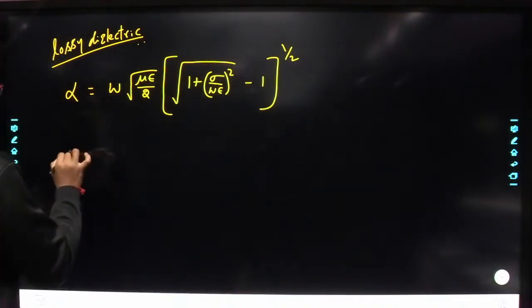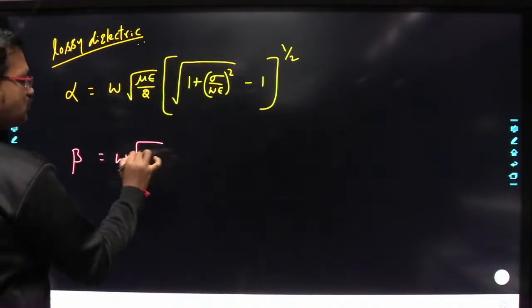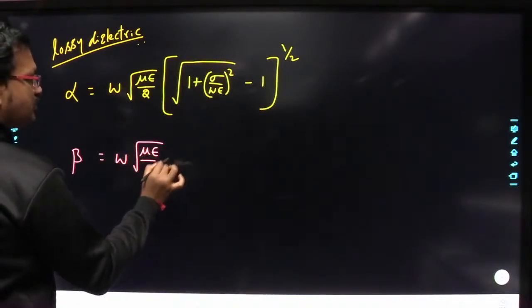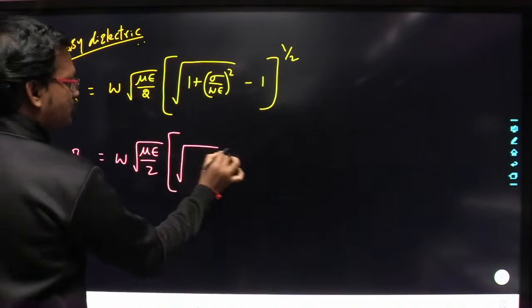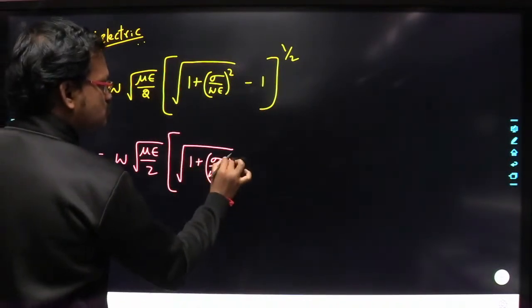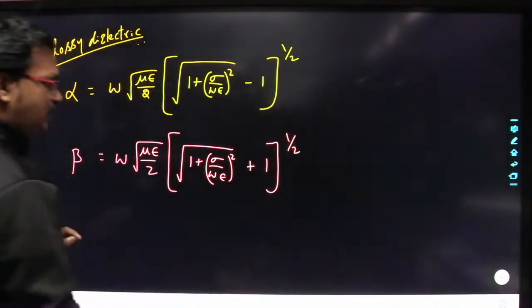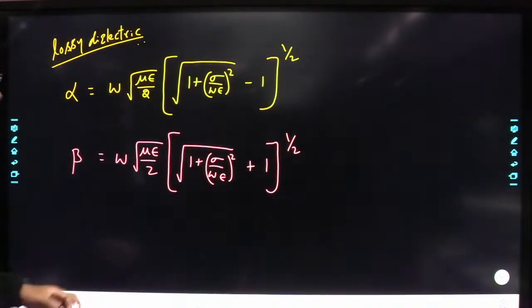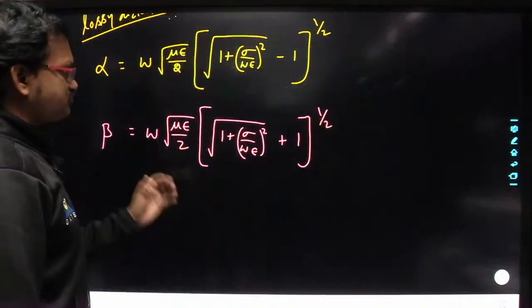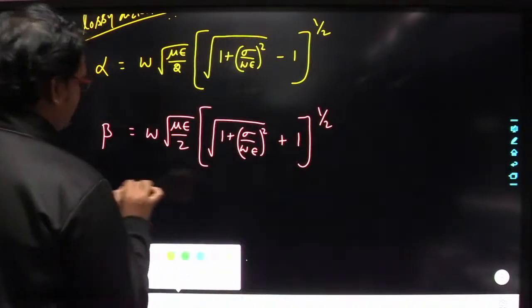So the expression for beta for lossy dielectric medium is omega into square root of mu epsilon by 2, into square root of 1 plus sigma by omega epsilon whole square plus 1, whole to the power of 1 by 2. These are the expressions for alpha and beta.